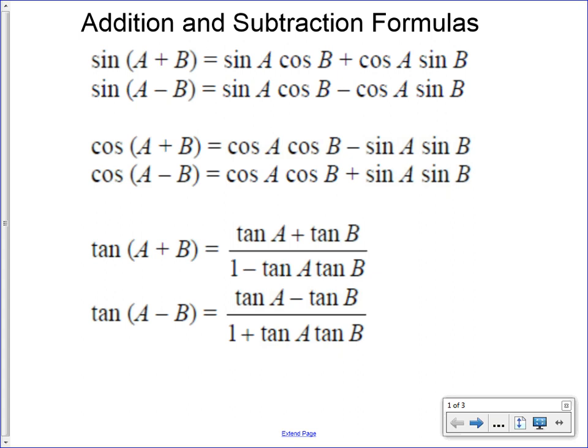Usually what we want to do is make A and B an angle on the unit circle, and the angle can be in degrees or in radians, so that we can actually find the trig value of the sum or difference of the two angles.